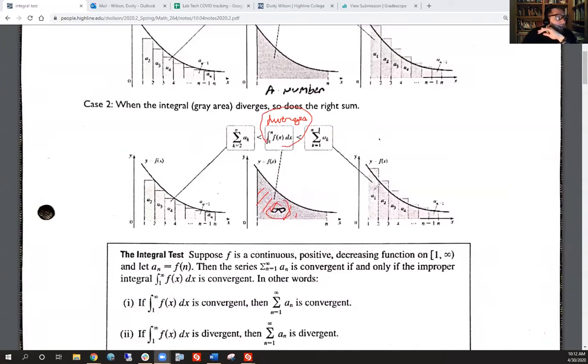Then that means that the sum of the rectangles over here on the right is bigger, and it must also diverge. Okay. So what we've done is we've created a connection between integrals on the left and summations on the right. Does that connection make sense to everyone?